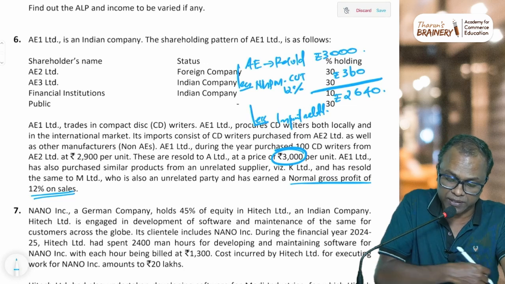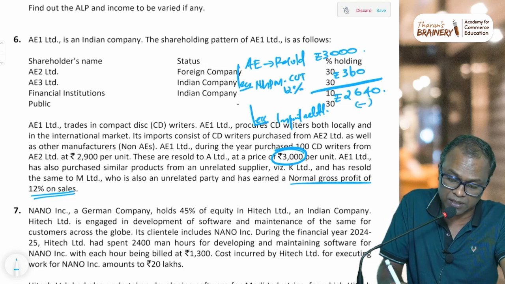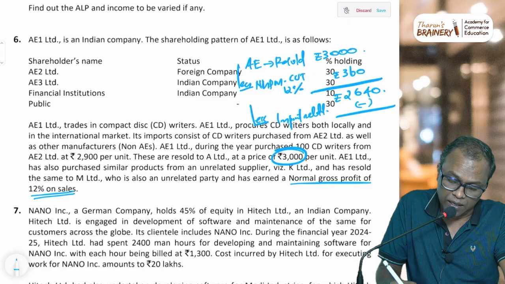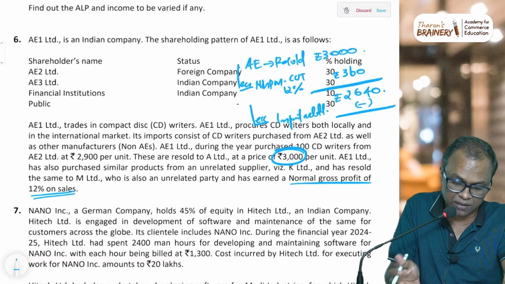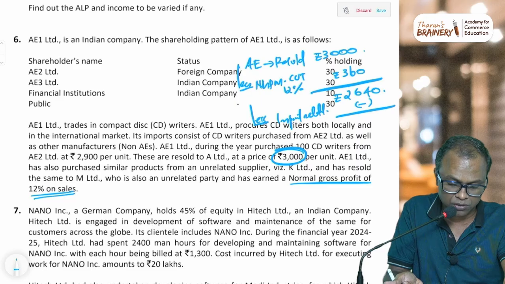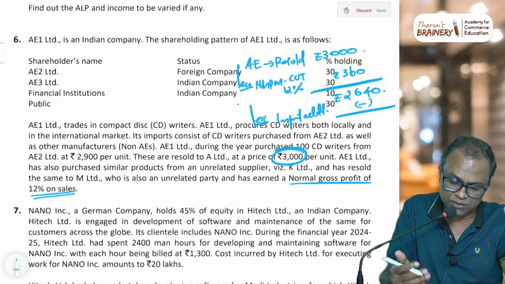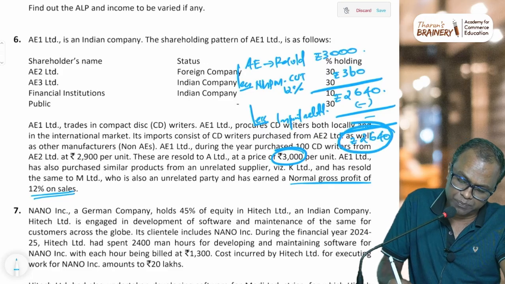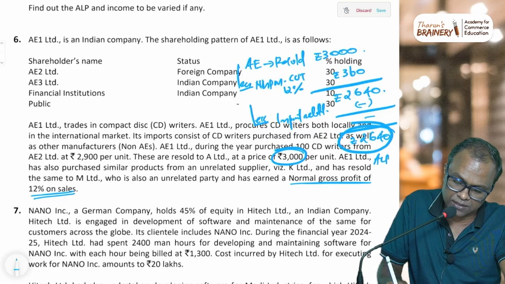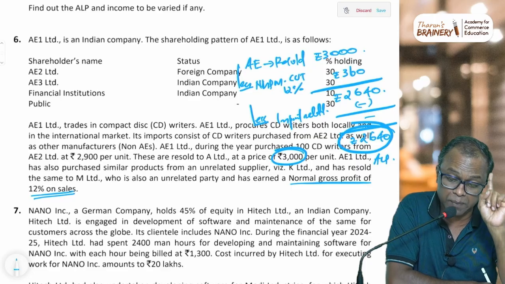If similar items were given, that would be reduced, but nothing has been given. And after that, compare these two prices. If there is any difference between unrelated party import and related party import, that will be adjusted. Nothing has been there. So this is the arm's length price, 2,640. And this rupees 2,640 is the arm's length price which should be paid for import.